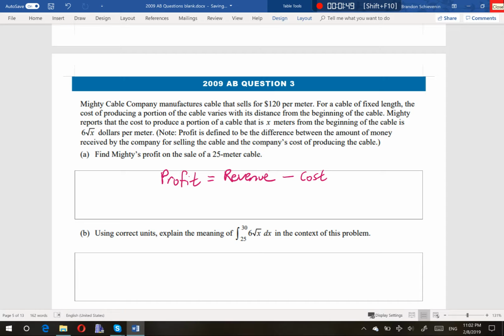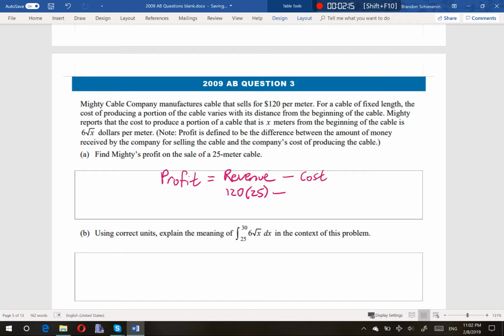So if we are selling $120 per meter and we sell a 25 meter cable, then my revenue is going to be 120 times 25. So that's the $120 per meter times the number of meters that we have. Okay, minus our cost. My cost is 6 root x dollars per meter.